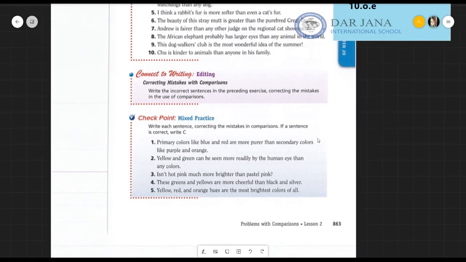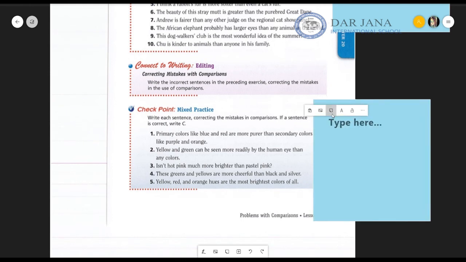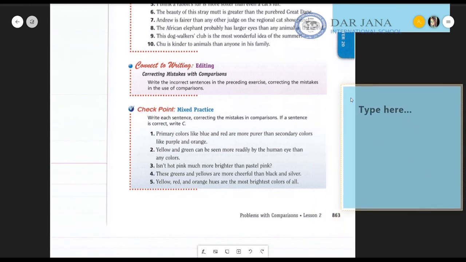Now, checkpoint, mixed practice: write each sentence correcting the mistakes in comparisons. If a sentence is correct, just write correct. So they're asking us to write the whole sentence. Let's start with question number 1. Primary colors like blue and red are more purer than secondary colors like purple and orange.